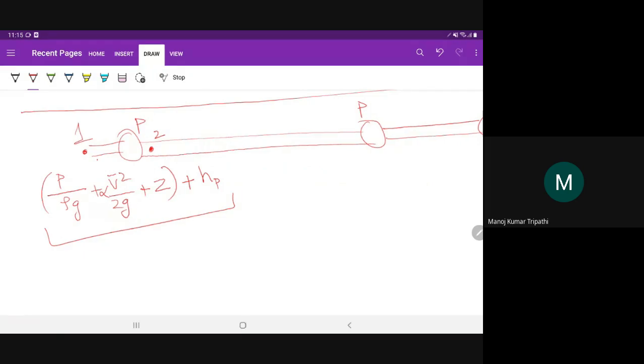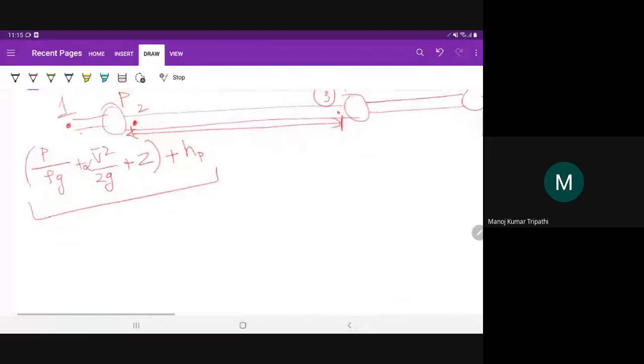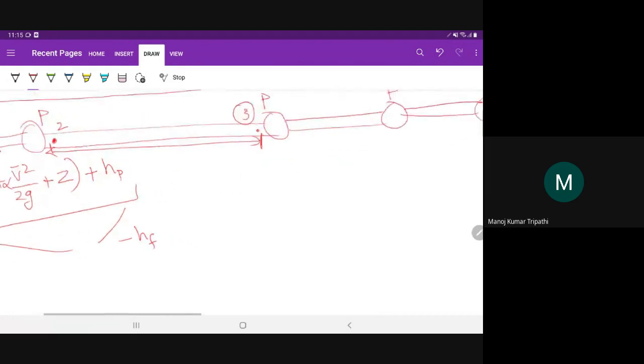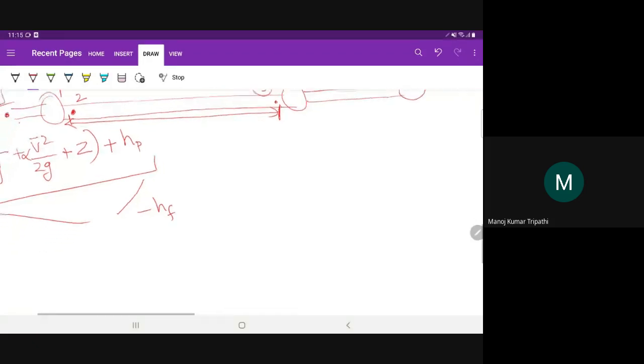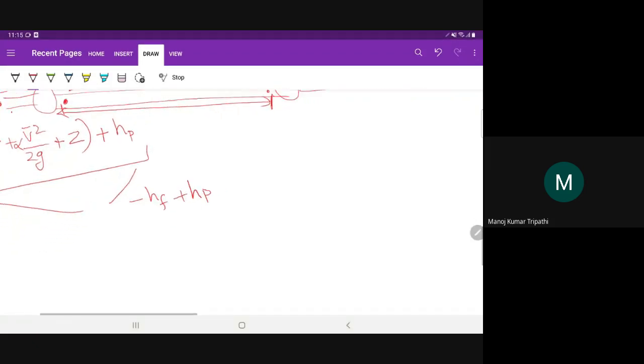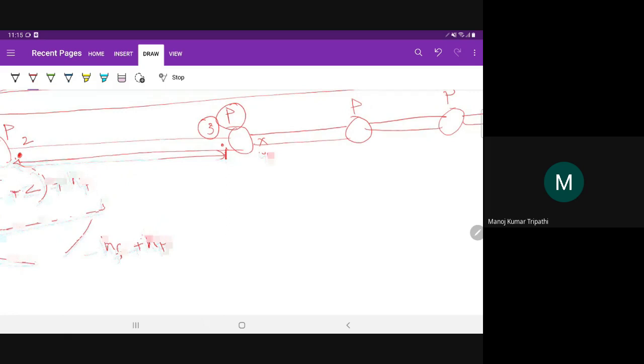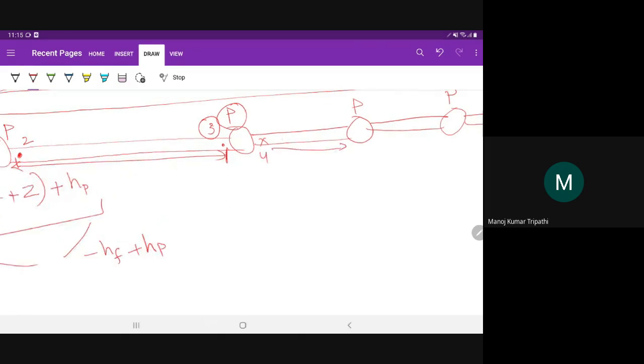And then there will be a loss from this point to this point because of the length of the pipe. So at point 3, you will get this thing minus HF. Okay. And then again, this second pump will add HP at point 4. And then again, in the entire pipeline after that, there will be losses, minus HF2 maybe.